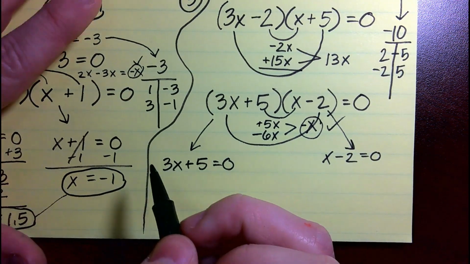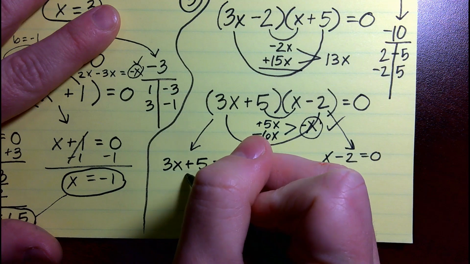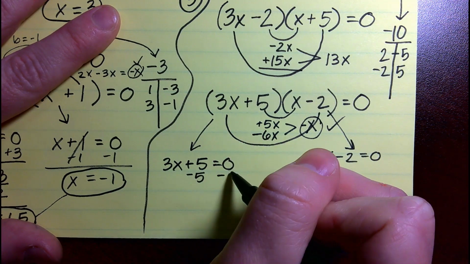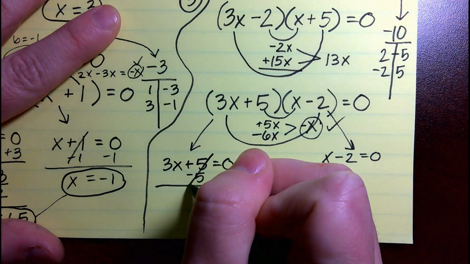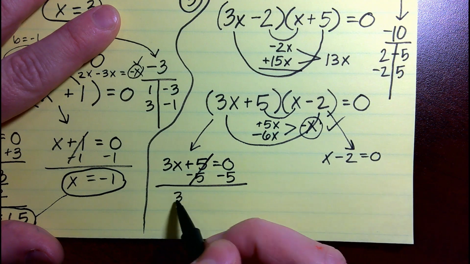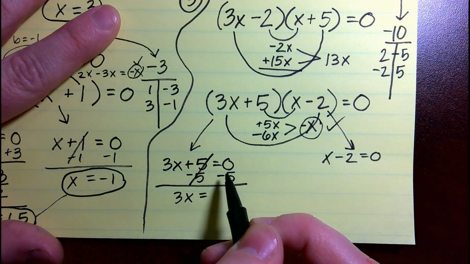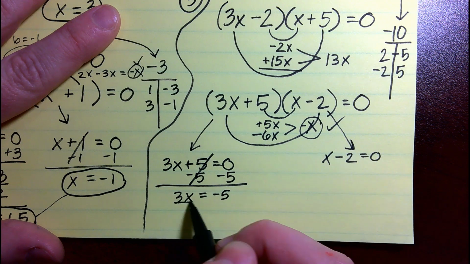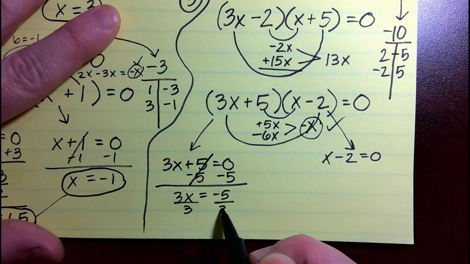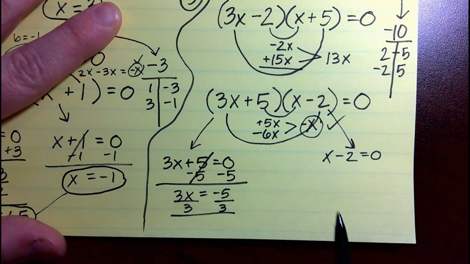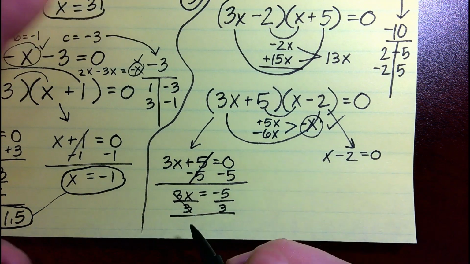Okay, so let's solve the first one. Minus 5 on both sides, so 3x equals -5, and then we'll divide by 3 on both sides. So, -5 divided by 3.